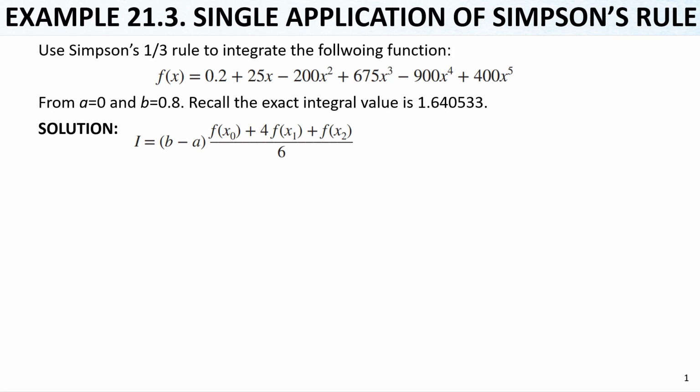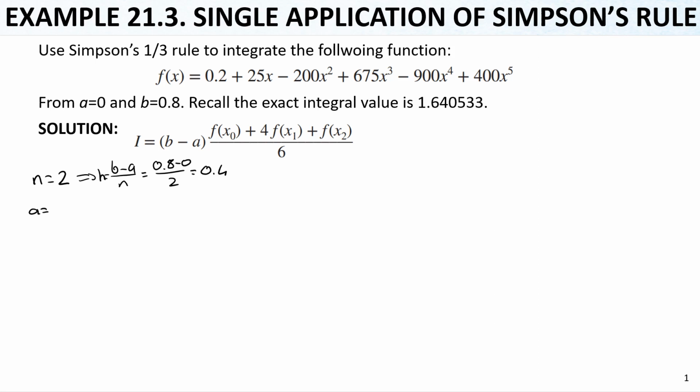That's why actually we will have n equals 2 for Simpson's rule, because we need that middle point. Then (b minus a) divided by n is equivalent to (0.8 minus 0) divided by 2 equals 0.4, which is h, we can say.